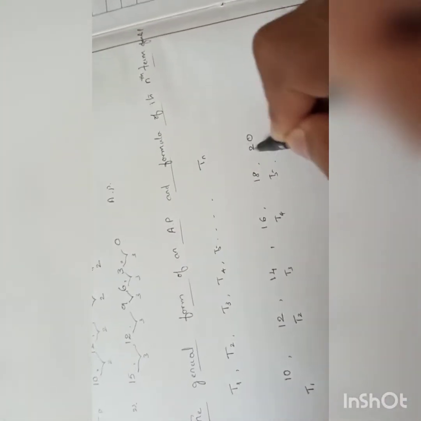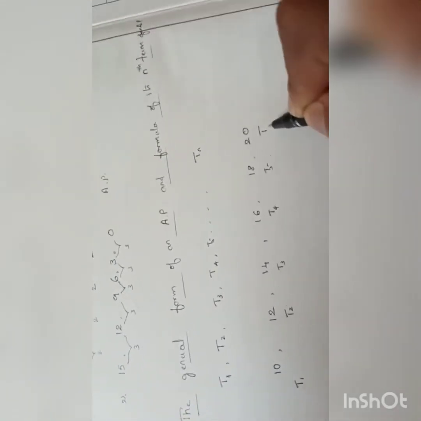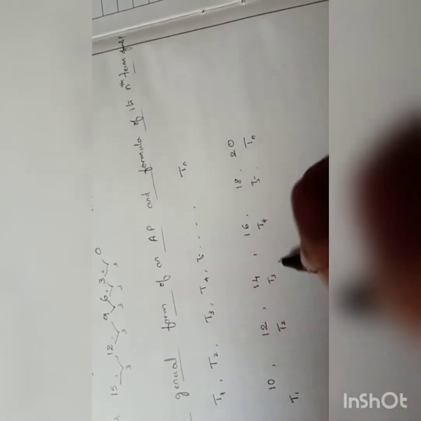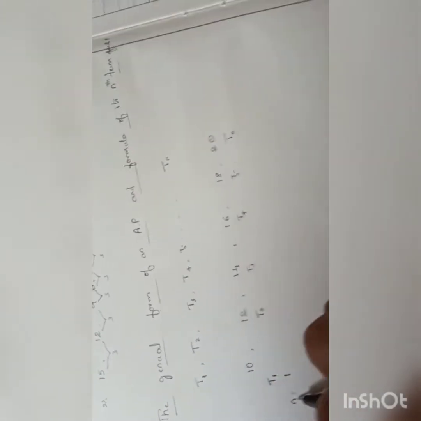If I consider 20 as the last term, then I can write this as Tn. Now these numbers 1, 2, 3, 4 are nothing but the values of n. n means the number of the term. For the first term we have written 1 here, so n is equal to 1.